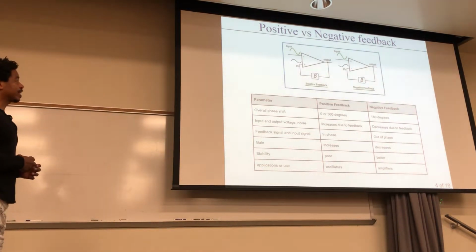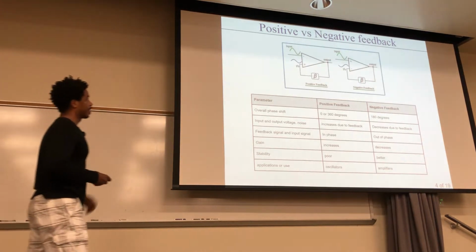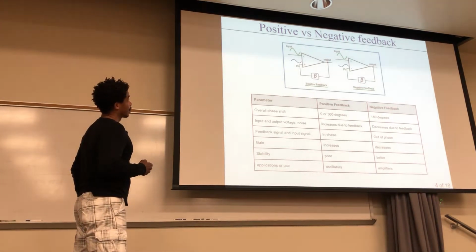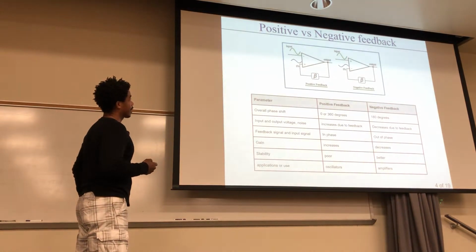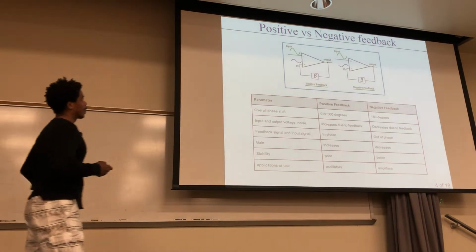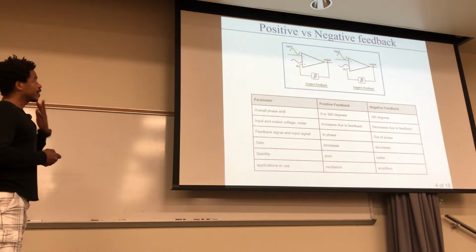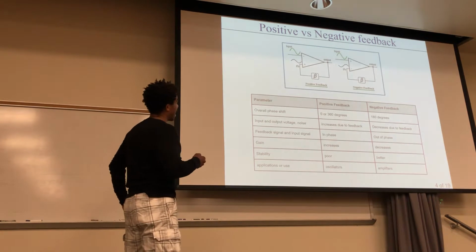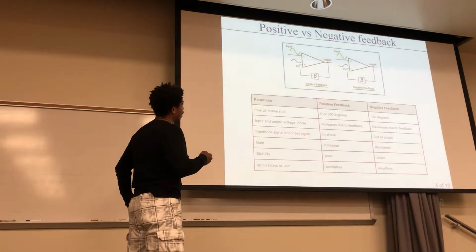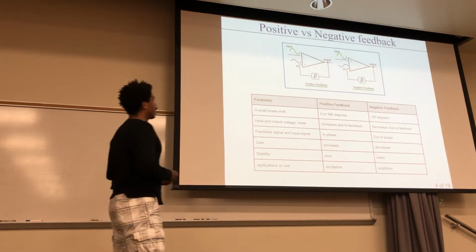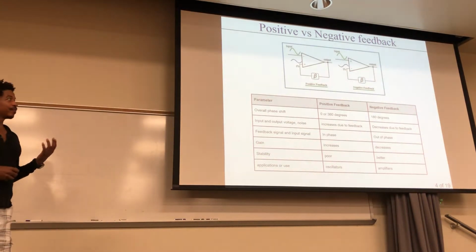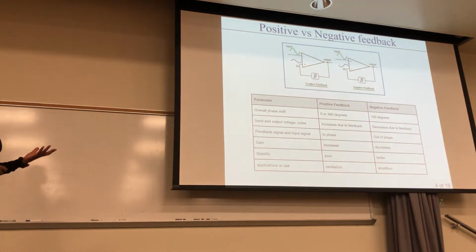Now one thing I was just thinking about, and I got this from the web, is the difference between positive and negative feedback. If you look at this figure right here, you can clearly see that for positive feedback, the feedback loop goes right into the non-inverting node, and for negative feedback, it goes into the inverting node. But as you'll see today, our circuits aren't as simple.